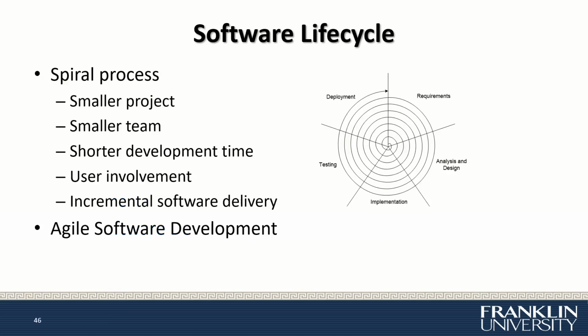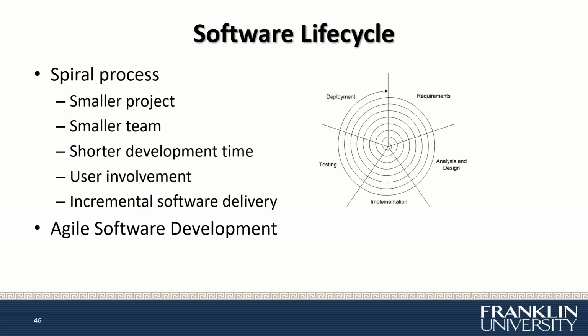We're doing it in a smaller project, with a smaller team, shorter development time, and more user involvement. This is what we call incremental software delivery. Instead of delivering something big, which takes maybe 1 or 2 years to develop, deliver something small, which might take 3 to 6 months, or even shorter to develop.